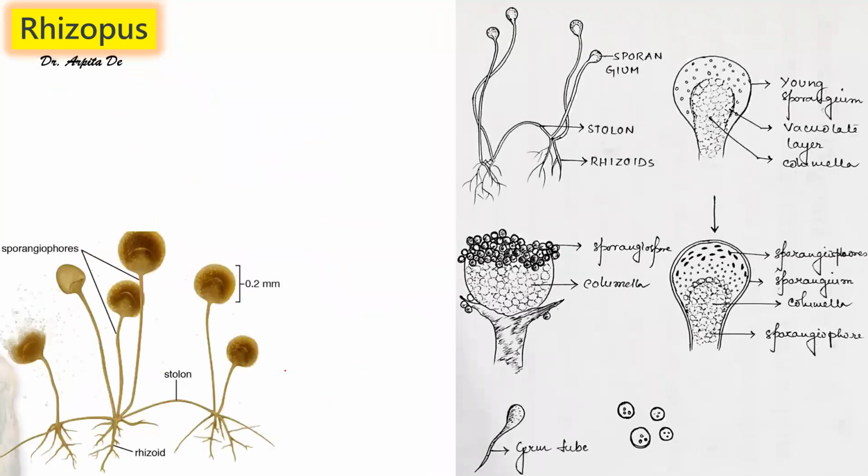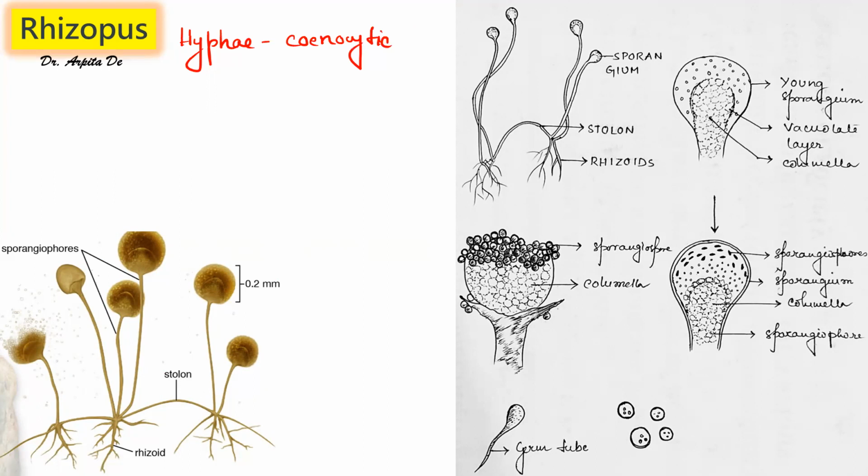The hyphae are cenocytic. Remember these hyphae are cenocytic. That means wall formation hasn't taken place. Plenty of nuclei are there. That means septa formation hasn't taken place.